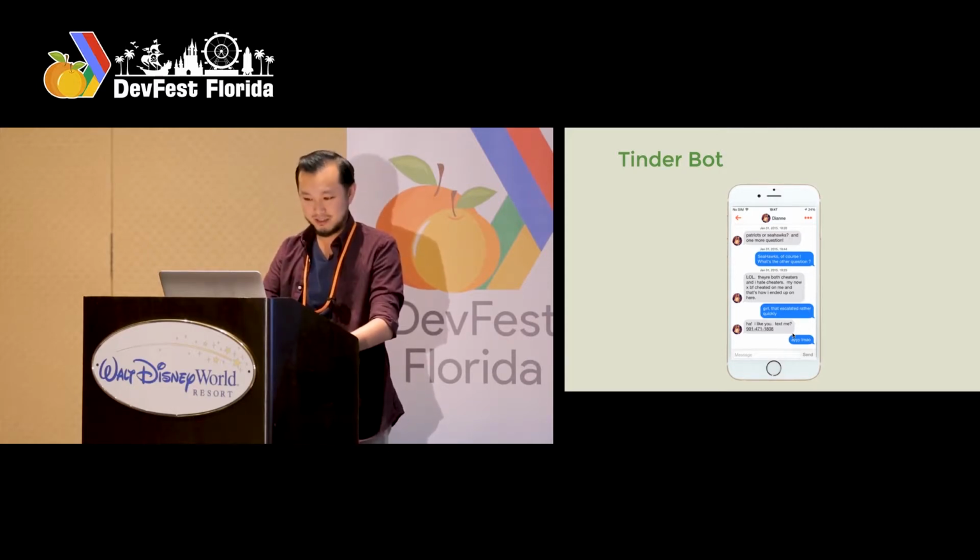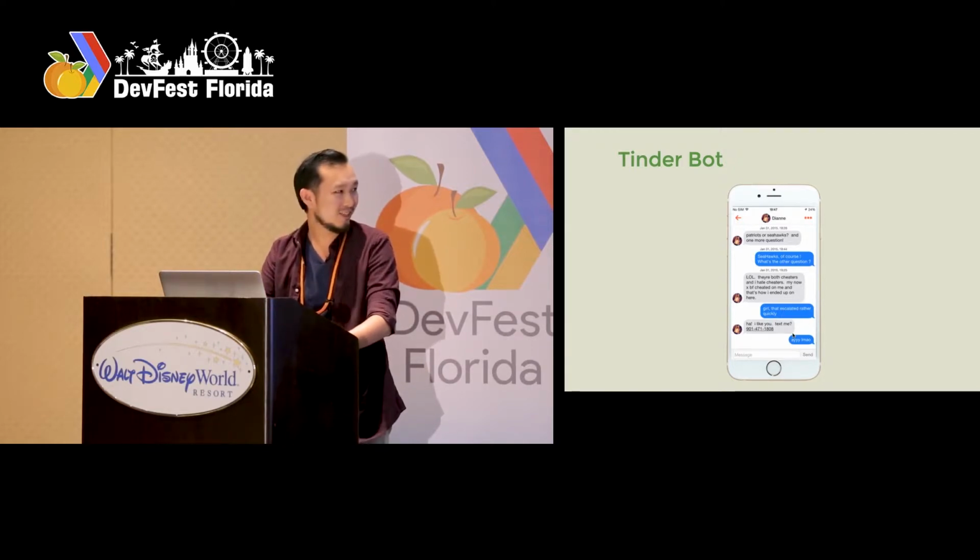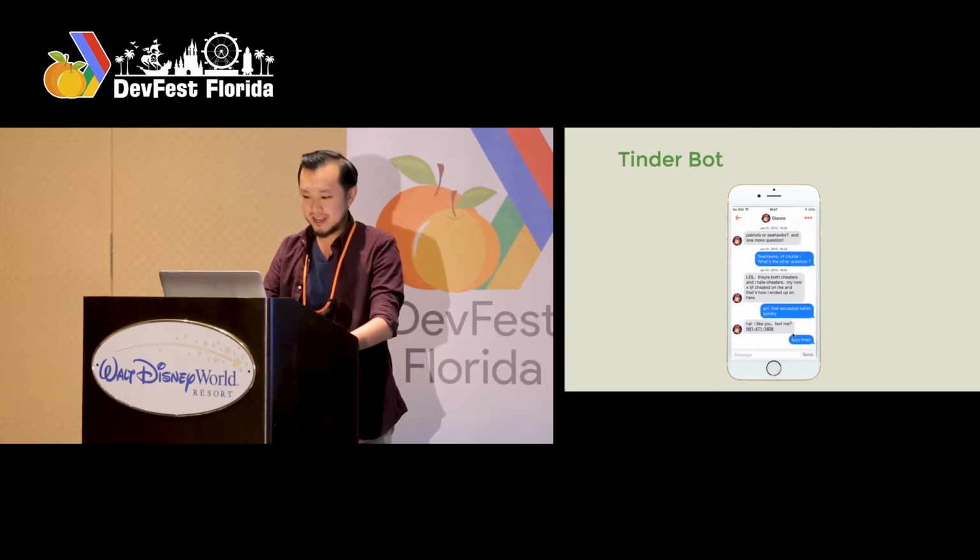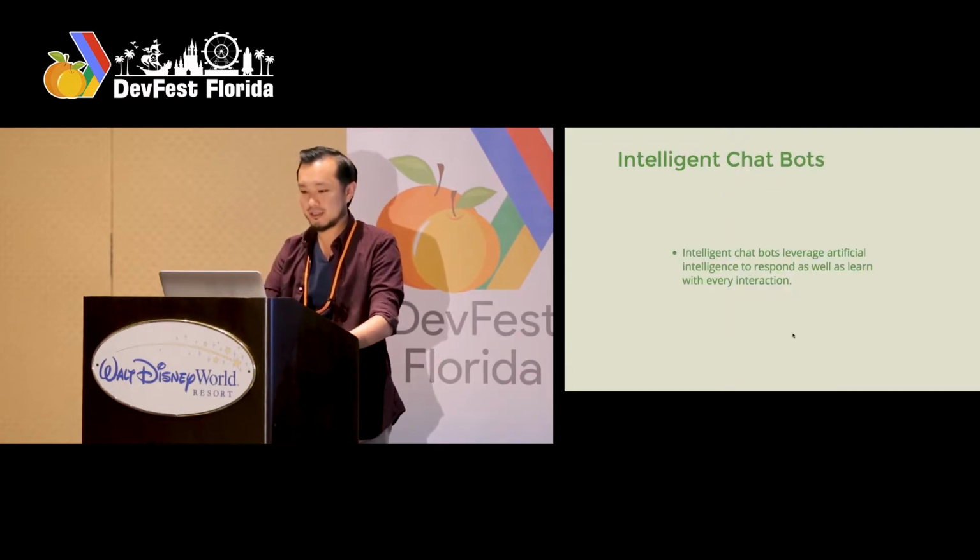These bots are simple, as in they give the same response. They just wait for your response and they send the same thing. And not all chatbots are good, but let's move on to intelligent chatbots.